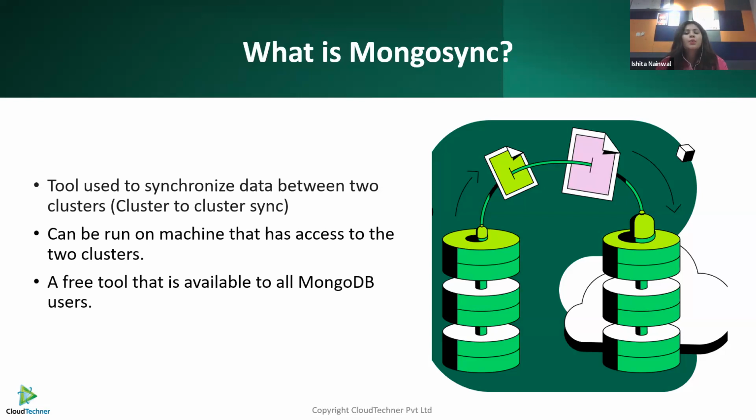Mongosync is very easy to use and can be configured and synchronized according to our own needs. Also, it is very different from the traditional type of databases, and this tool will help us to migrate the data from our source cluster to the destination cluster very easily and flexibly.